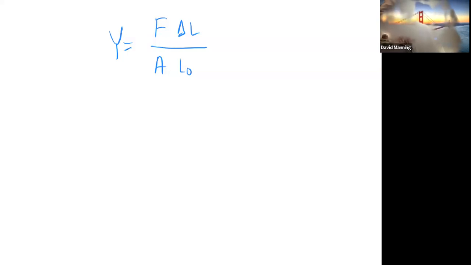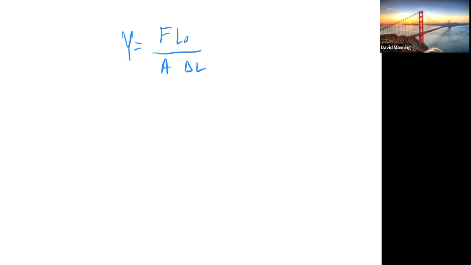I think I got that right. I don't think I got it backwards. Sorry, my bad. Back it up. Sorry about that. The Young's modulus formula is Y equals F times L naught over A delta L.